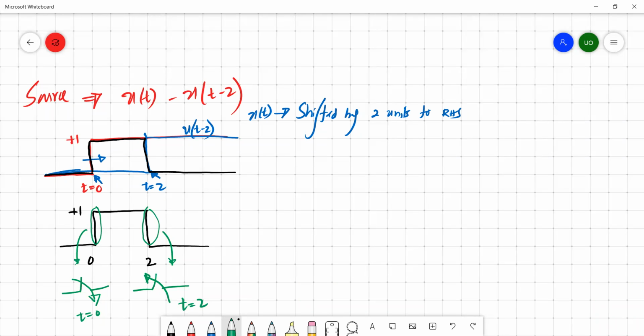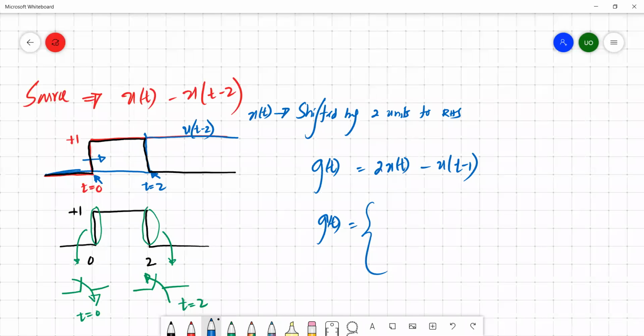For example, if you take another one, this is your voltage source g(t), which equals 2u(t) minus u(t-1). If you elaborate this, we have t less than 0. You know that u(t) is defined from t equals 0 onwards, and this is defined from t equals 1 onward.